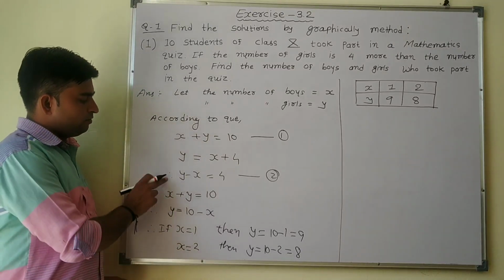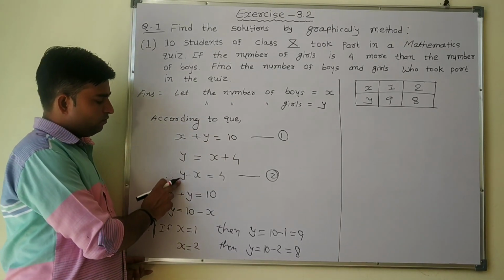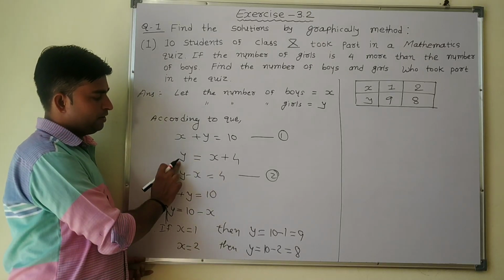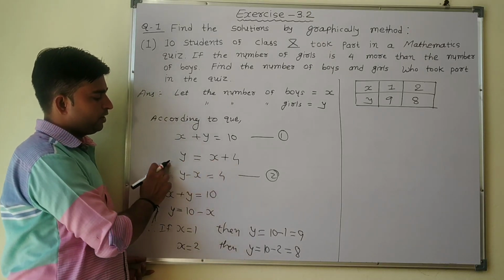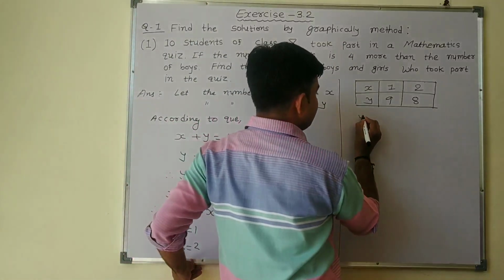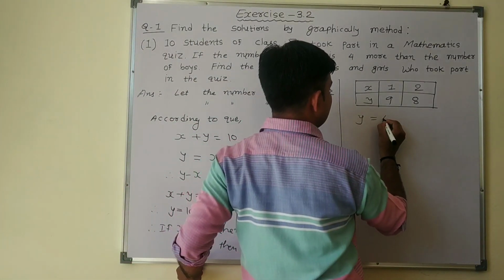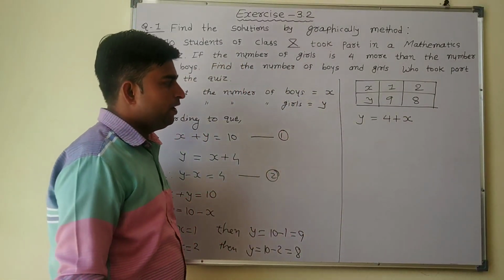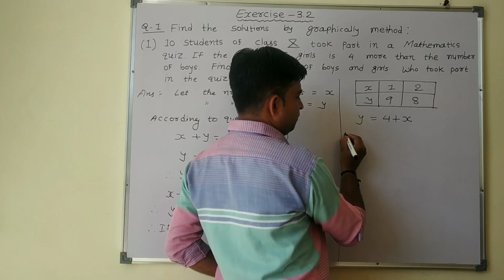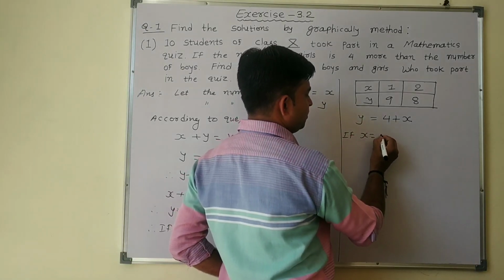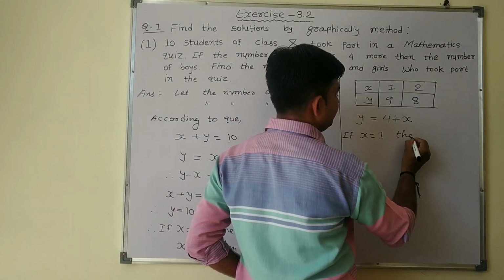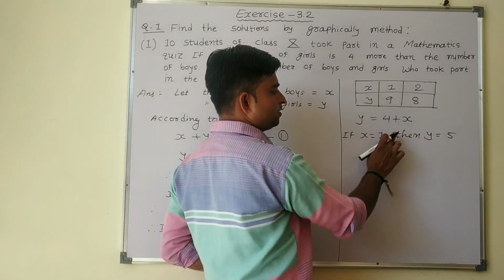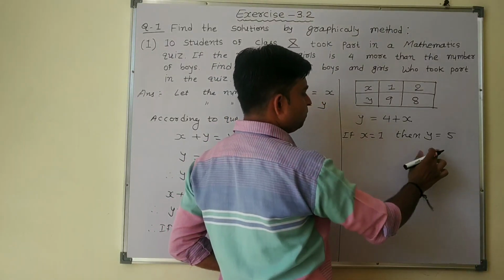Now we take the second equation. In the second equation, y minus x is equal to 4, and we already have the y form: y is equal to x plus 4. So in the second equation, y is equal to 4 plus x. Now we take different values of x. If x equal to 1, then y is equal to 5, because 4 plus 1 is 5.